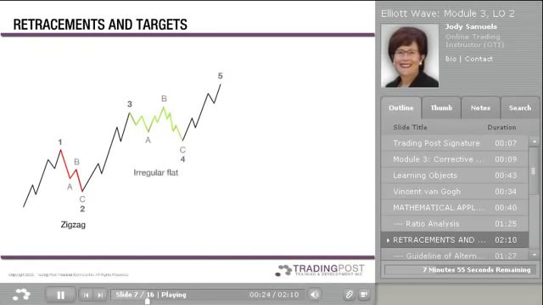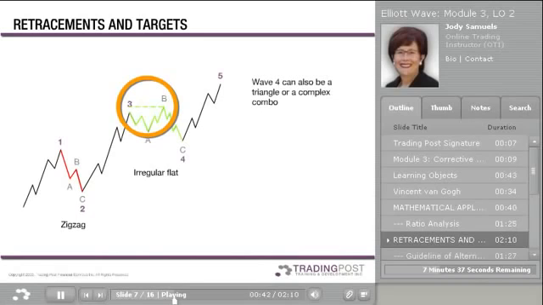The wave 4 correction is very different, as it takes the shape of an irregular flat, where the B wave travels above the top of the previous impulse wave before making its way down in a C wave to complete the correction. Note the wave 4 correction can also be a triangle or one of the complex combos that were described, such as double and triple threes combinations.